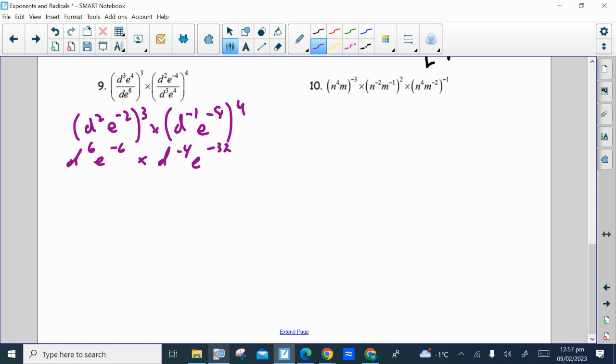And now we will multiply d to the 6 by the d to the negative 4. They have the same base, so we can multiply those together by adding the exponents. 6 plus negative 4 is positive 2. And when we multiply the e's together again, we add the exponents. Negative 6 plus negative 32 is negative 38.